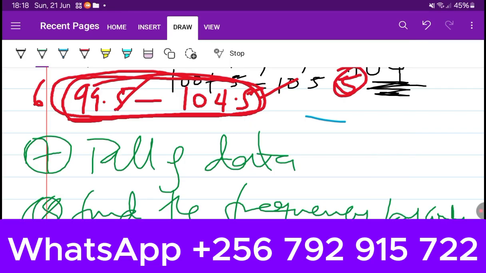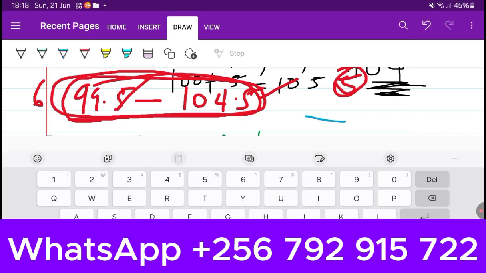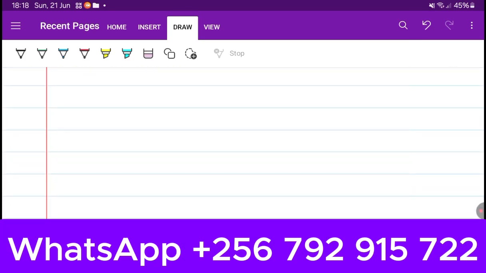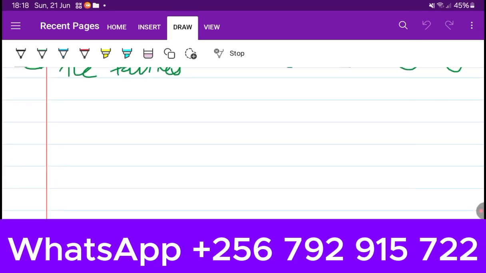So let's now go to the table itself. We draw the table, then we summarize the information that we have. I hope we can get this information right from the very basic. So we have the classes. Let me call them by their names: class limits, so that you get to an understanding.